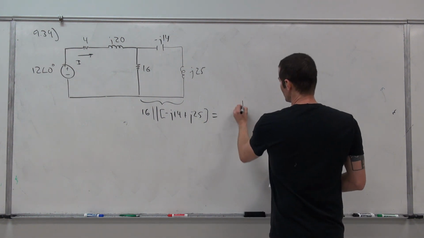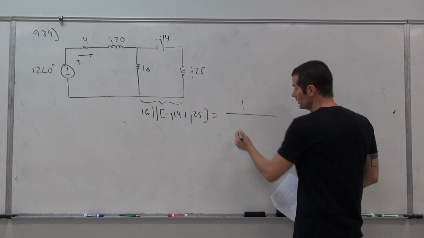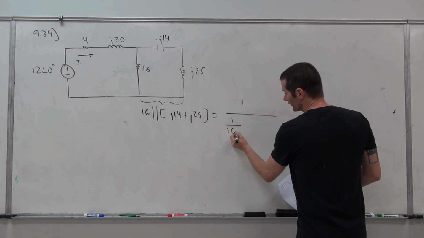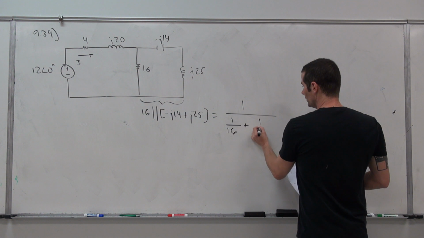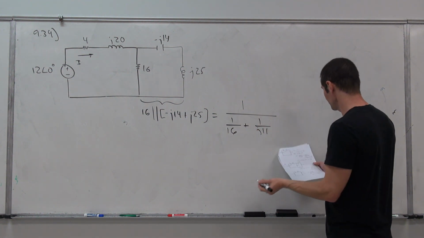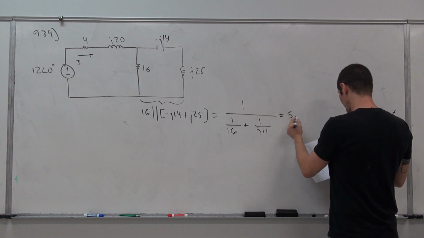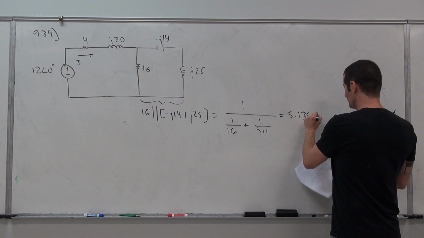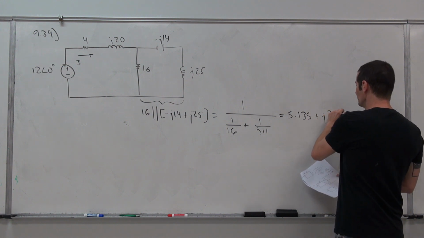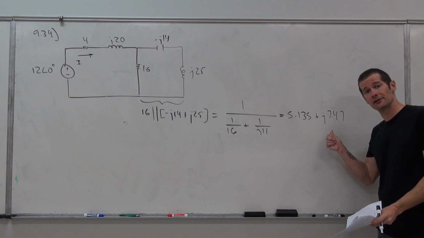So for parallel relationships, 1 over the summation of the reciprocals just as before. So 1 over 16 and then plus 1 over J11. And if we punch this in on the calculator appropriately, we come out with an equivalence of 5.135 plus J7.47.